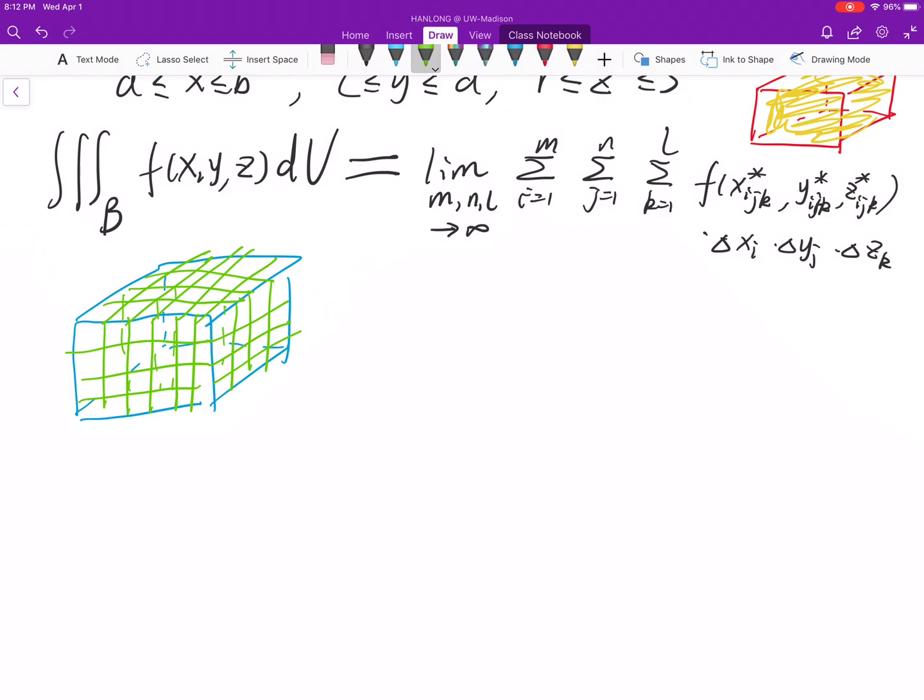And for each small box, for example, if you consider the box here, you just replace the integral by the product of the value at some point inside the red box times the volume of the small red box.